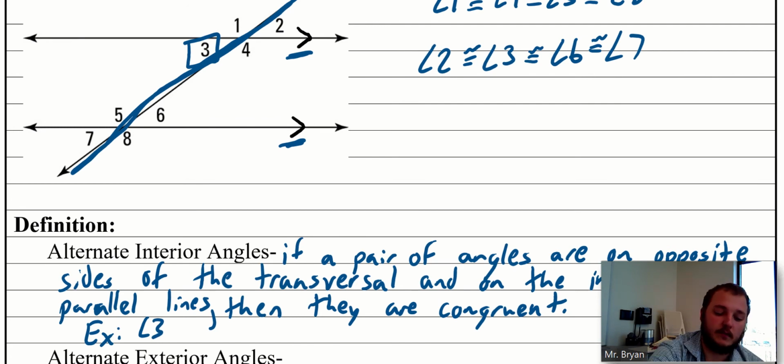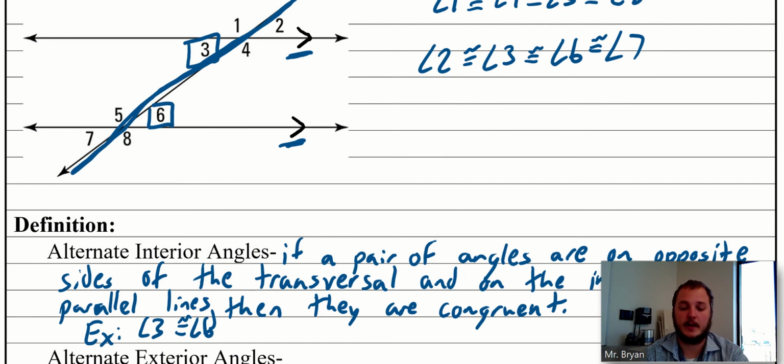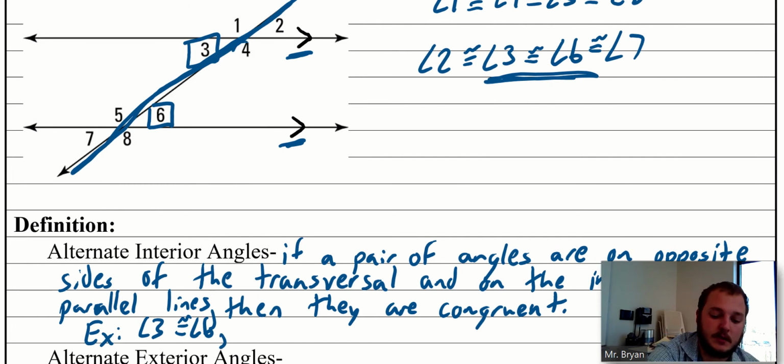So in this case, we only have one option here for alternate and interior, and that would be angle 6. So if I see a picture like this and I was only given 3 and 6, I now know that 3 and 6 are congruent. And that matches up with what we said earlier when we did that review. Okay? And then what would be another example here? Well, I see angle 4 is also on the inside of the parallel lines.